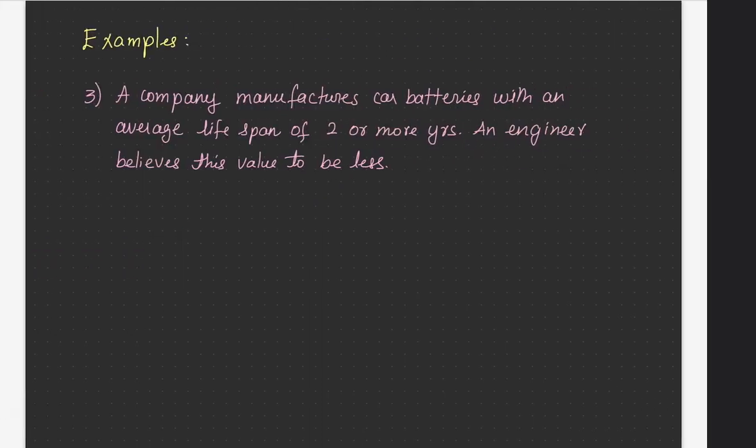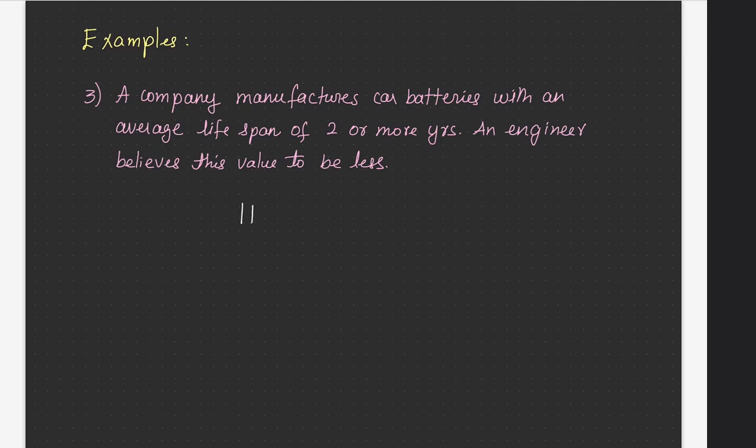Look at this example. You tell me what the alternate and null hypotheses are for this particular example. A company manufactures car batteries with an average lifespan of 2 or more years. The company is claiming that the average lifespan is 2 or more years. An engineer believes that the value is less than that.